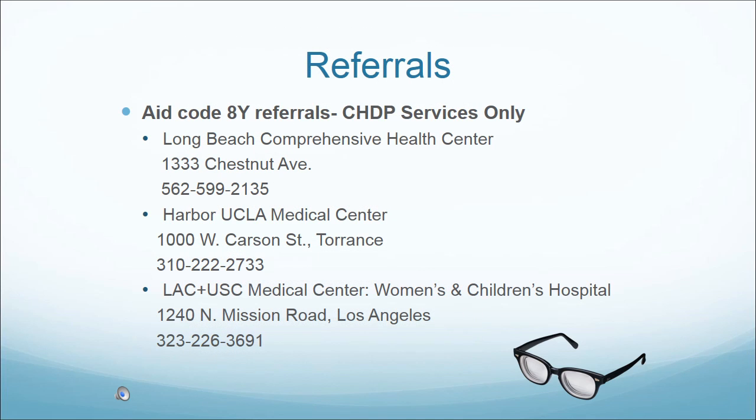For those patients that are only eligible for CHDP services, you may refer them to the following LA County facilities utilizing the PM161 referral process: the Long Beach Comprehensive Health Center, located on Chestnut Avenue here in Long Beach, Harbor UCLA Medical Center, located in the city of Torrance, or LA County USC Medical Center in Los Angeles. Please inform the patient or parent to expect a long wait time at these county facilities.